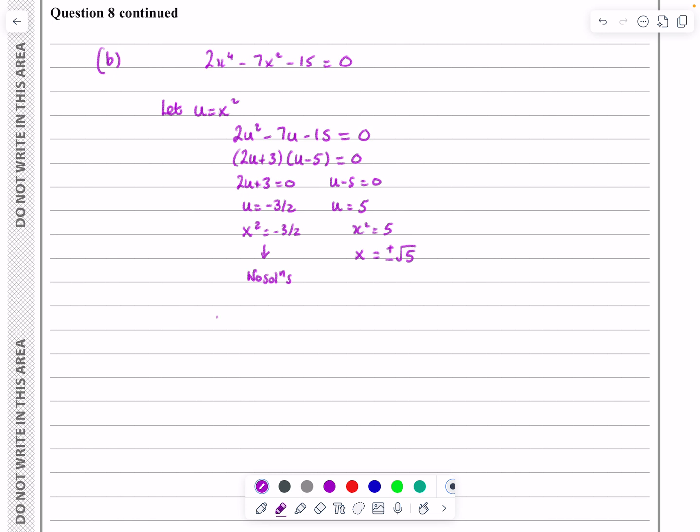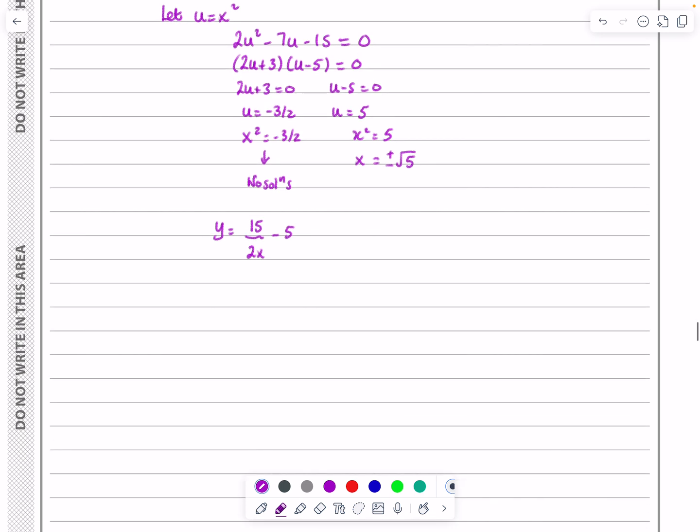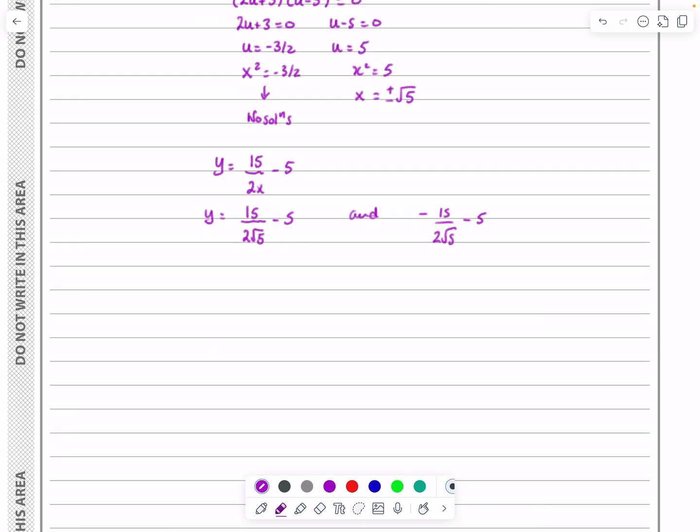For y, let's go back and use 15 over 2x minus 5 as my way of finding out what y is. So y is 15 over 2 root 5 minus 5, and obviously we'd have minus 15 over 2 root 5 minus 5 as my coordinates.